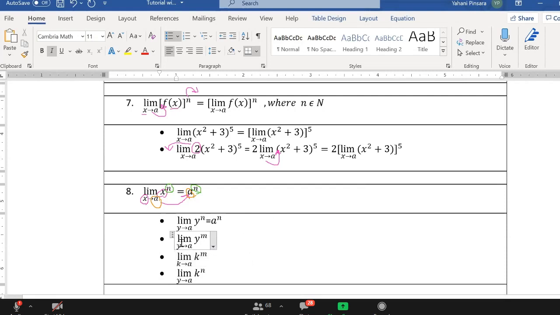Here y is there and you have to find the power. So the answer is the nth power of the approaching value, which is a.